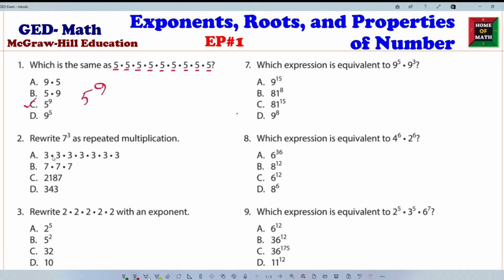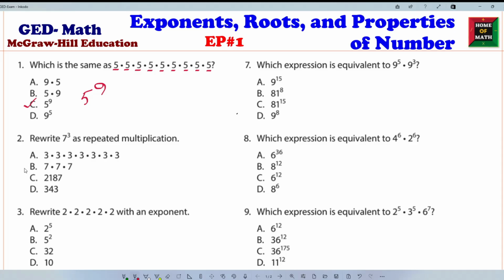Okay, look, rewrite 7 to the power 3 as a repeated multiplication. We know the power is the number of factors. So here is 7 to the power 3. It means the power is the number of factors. Here the power is 3 and the base is 7.